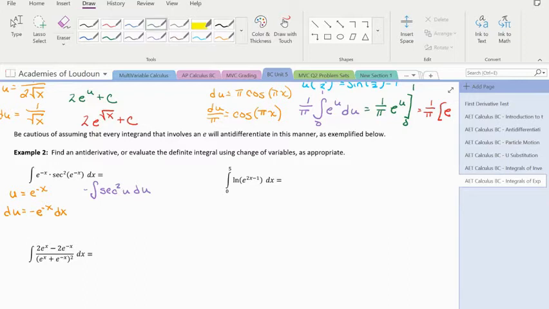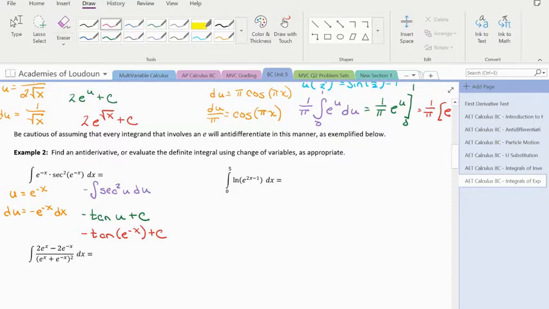I recognize that that integrates to tangent, so I have negative tangent u plus c. Substitute back in my u, and I have negative tangent of e to the negative x plus c.